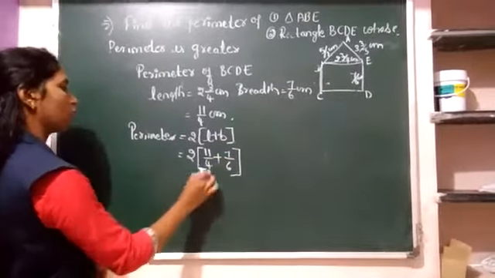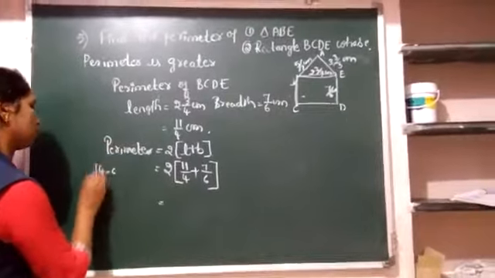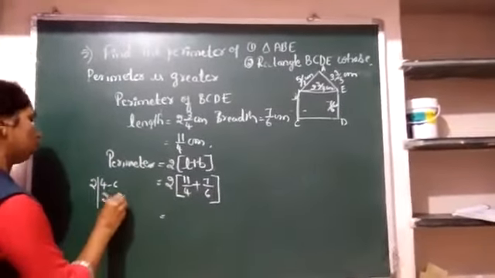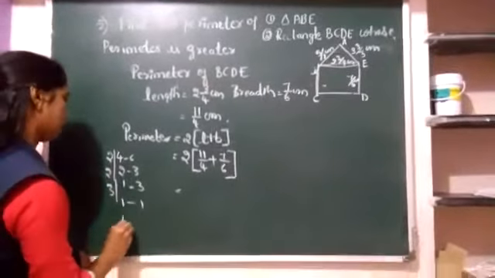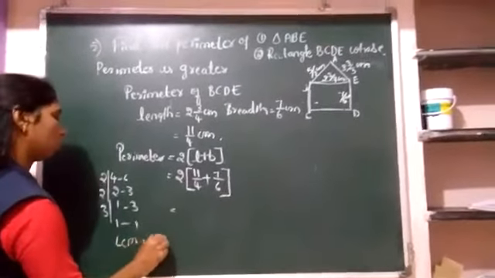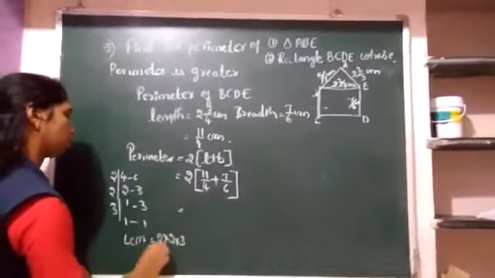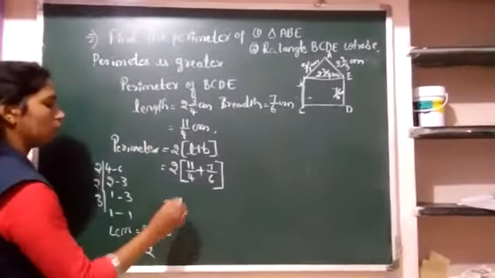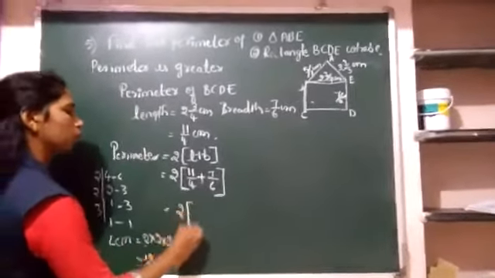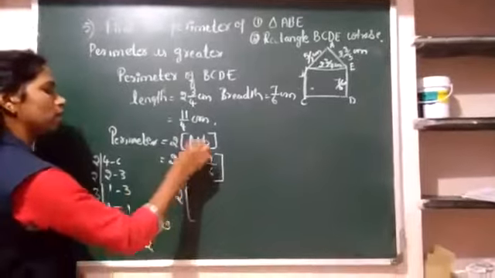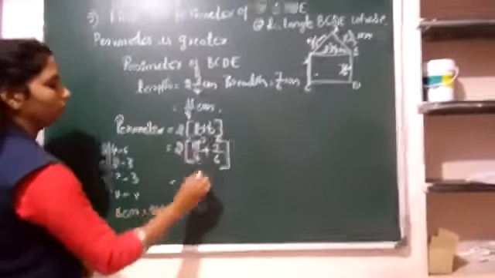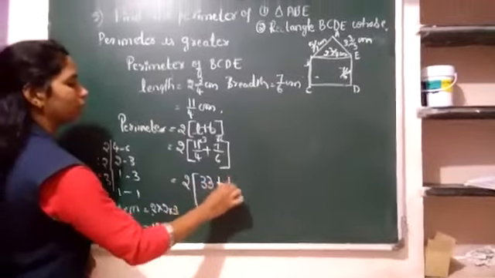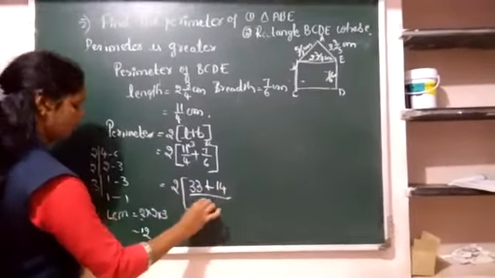Now for 4 and 6 take the LCM. LCM is equal to 2 into 2 into 3, 2 2s are 4, 4 3s are 12. Now 4 3s are 12, 6 2s are 12. 11 3s are 33 plus 7 2s are 14, by 12.